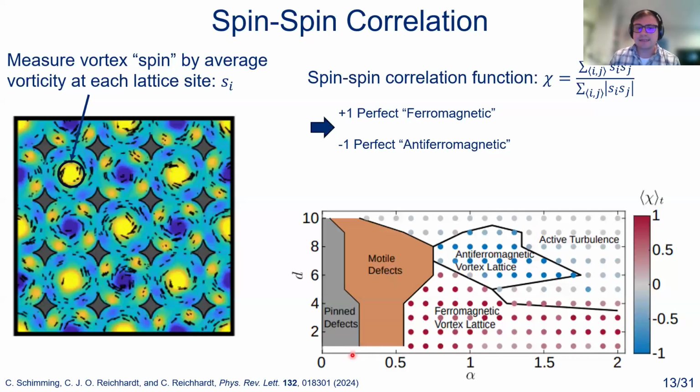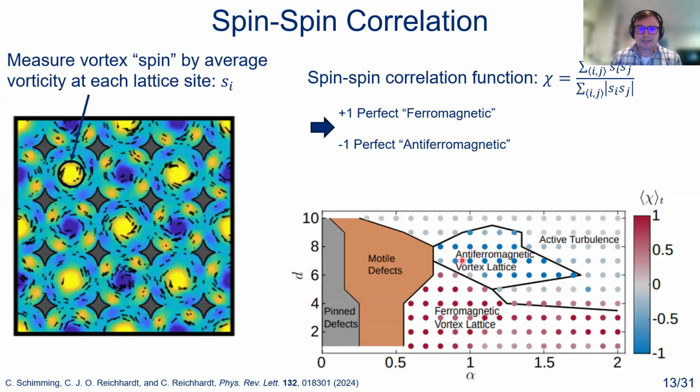Again, the x-axis is the activity, the y-axis is the distance between obstacles. And here we find for low activity, we don't get vortex lattices, we just get essentially either pinned defects or defect hopping. At some critical activity though, and at large and small gap distances between obstacles, we find a ferromagnetic vortex lattice.